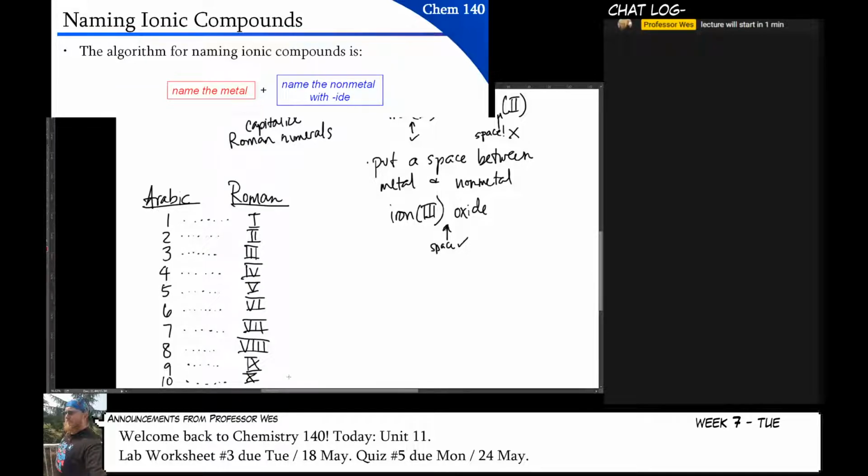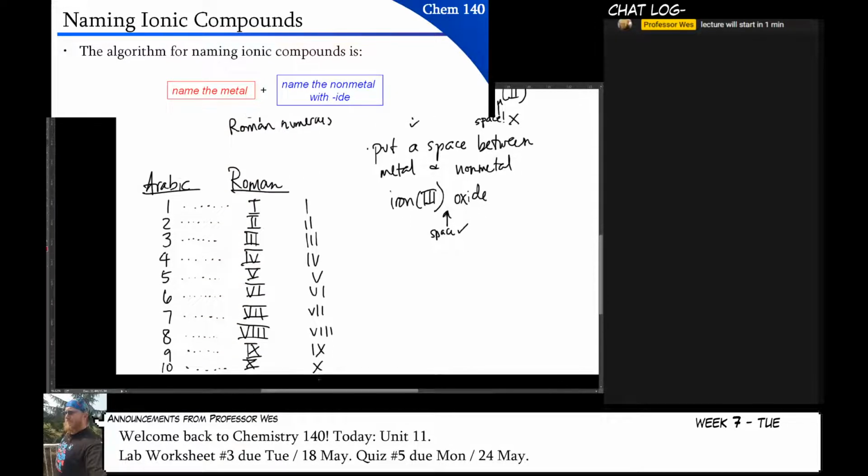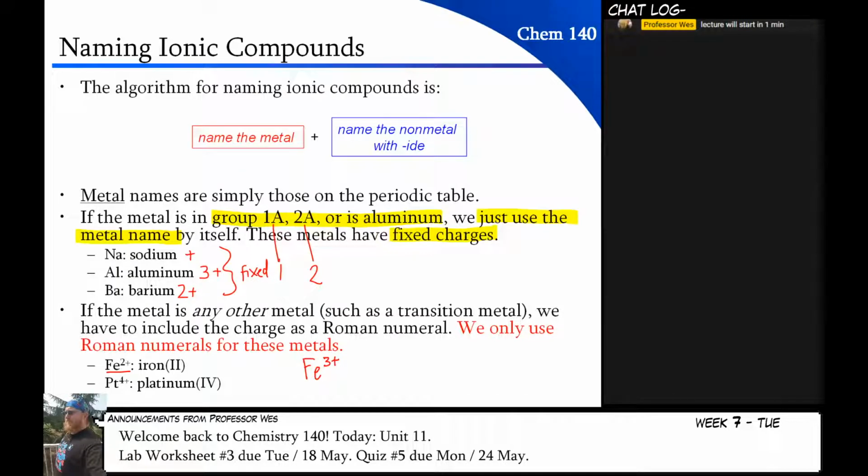All right. Those are the Roman numerals. If you write your Roman numerals like this, totally fine. In fact, I will probably default to doing that. You do not need the top and bottom bars. You do need the parentheses around the Roman numeral charge, though, to get credit. All right, so that's how we name metals.